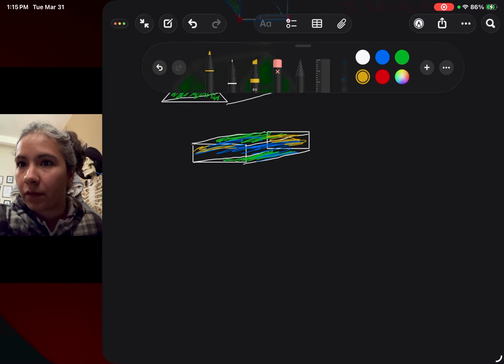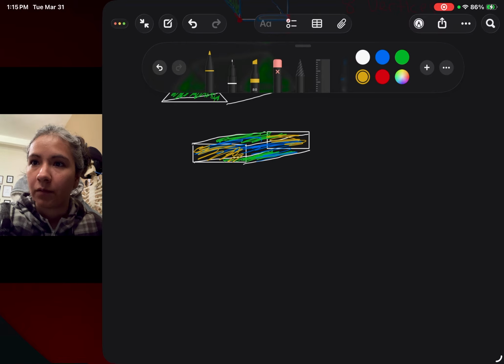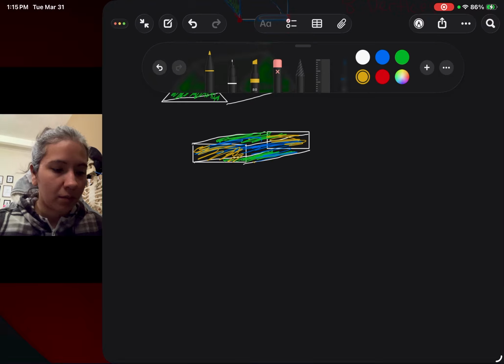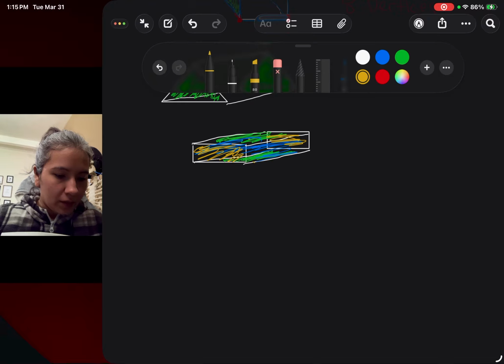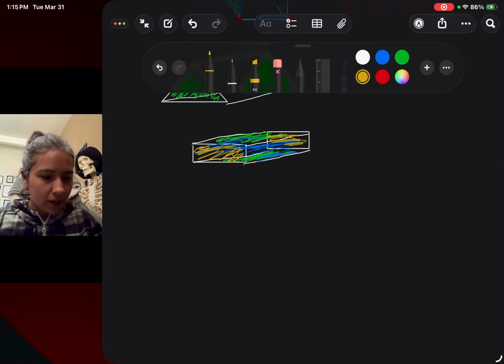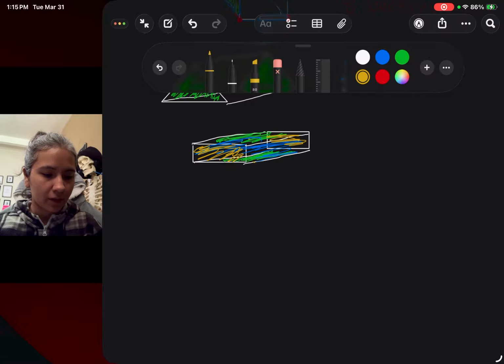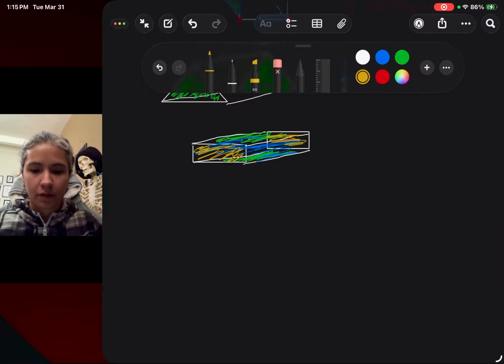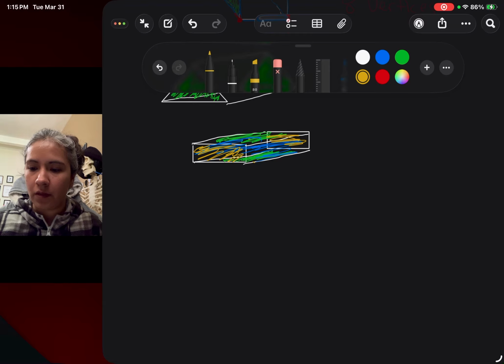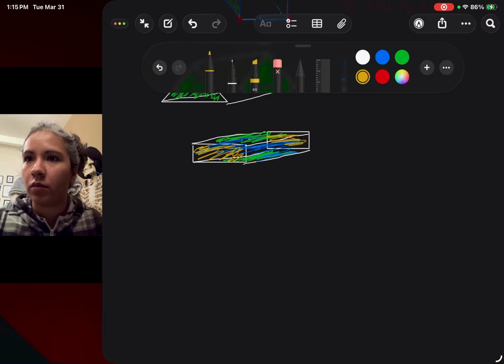So we have two of these rectangles, the two blue side rectangles, and then the top and bottom ones. So yeah, if we find the area of each one and add them all together, that'll give us the surface area of the box. So let's find the surface area of a cube.